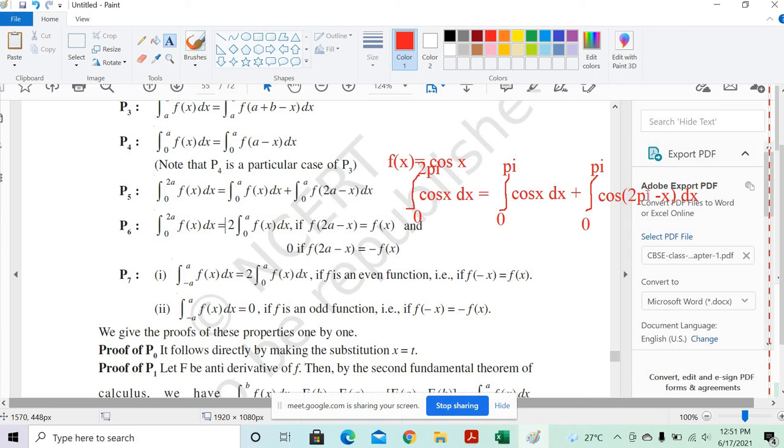What is cos of 2 pi minus x? It is cos x only. Cos of 2 pi minus x is cos x only.